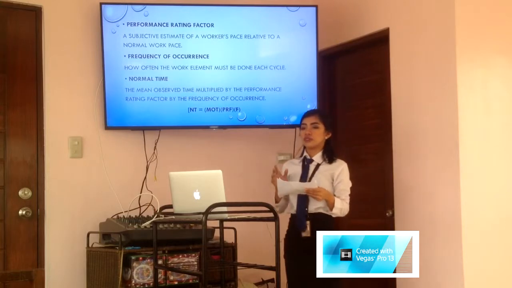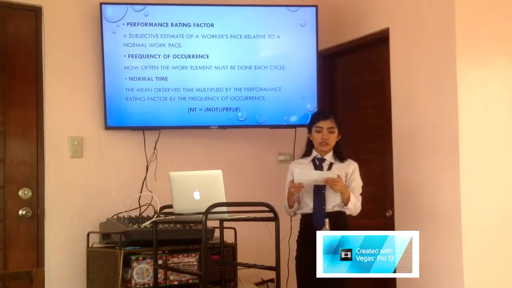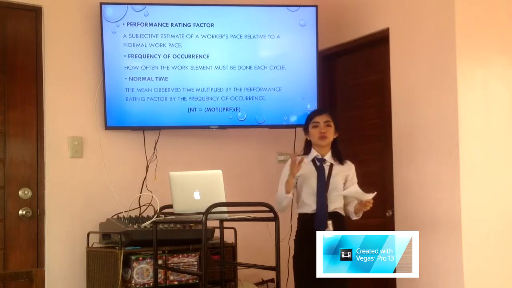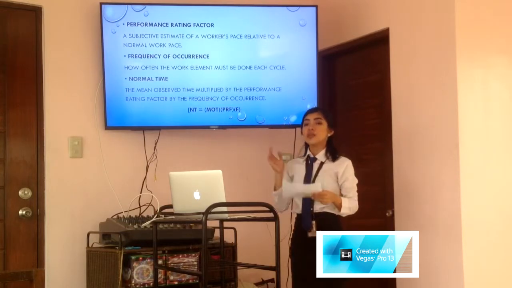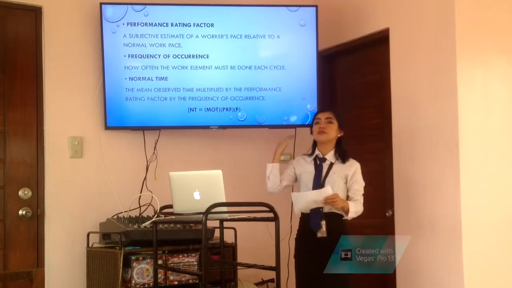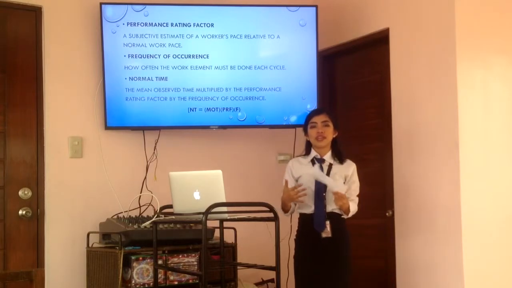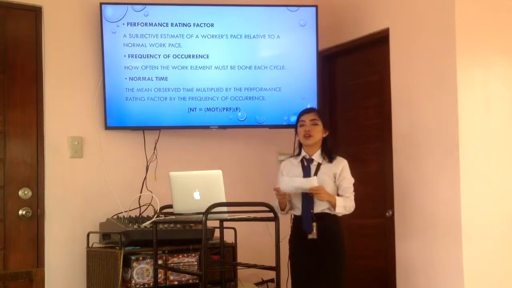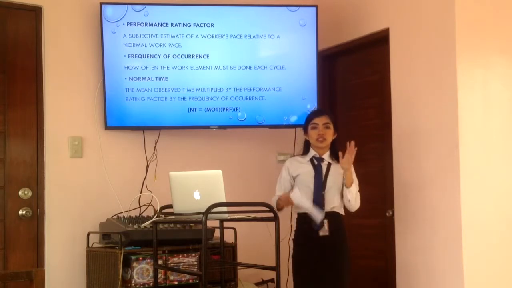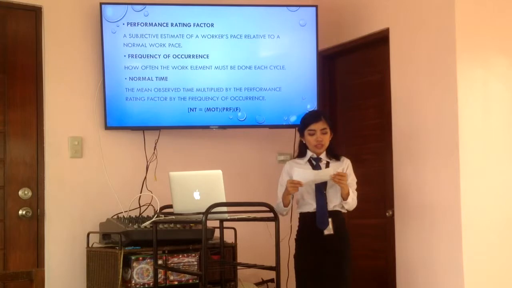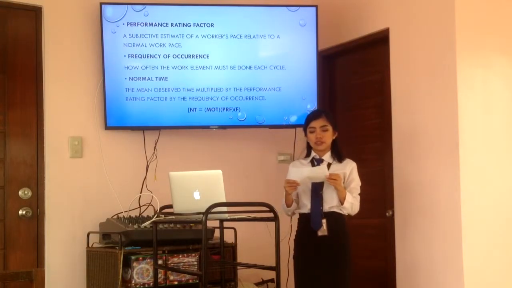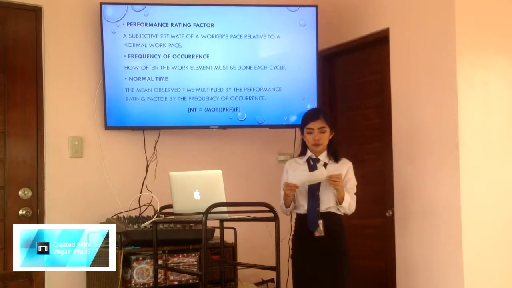This is a factor called the performance rating factor. If a factor of 1.0 represents an average worker, any performance rating below 1.0 is below average, and any rating above 1.0 is above average.